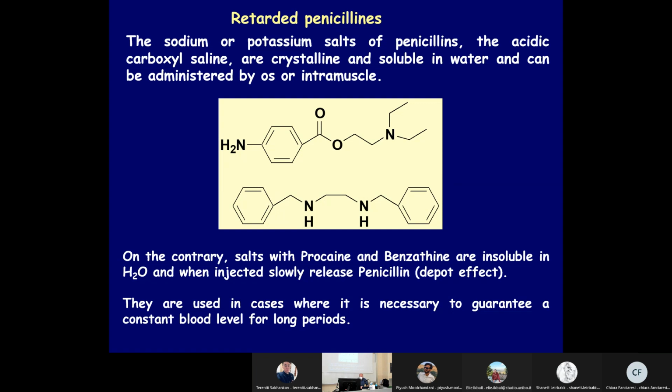So we can control the pain thanks to the presence of this local anesthetic. These are called retarded penicillins, very useful for the therapy of particular infections.